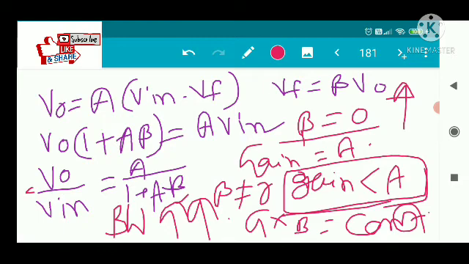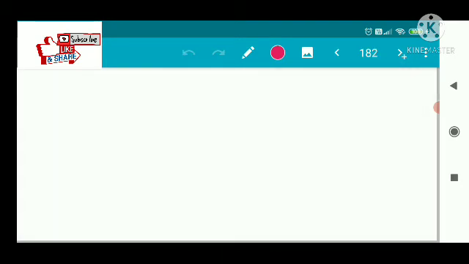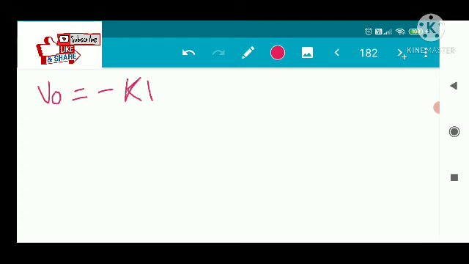Okay, so this is the inverting amplifier. Now in the case of the inverting amplifier, as we have also discussed in the open loop configuration, V0 equal to K into Vin, just the opposite. Also Vf equal to beta V0.